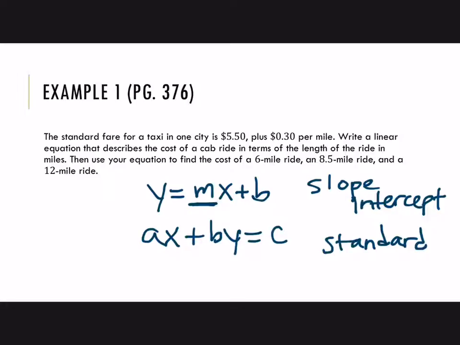Then your wage, your salary per hour, would be some sort of a rate. If you have that in the word problem, as well as some sort of a starting amount, then that word problem might best be represented by an equation in that form.